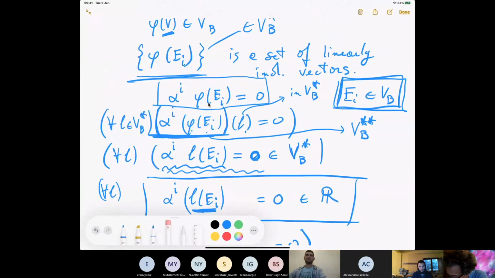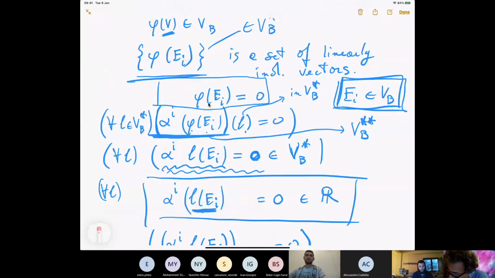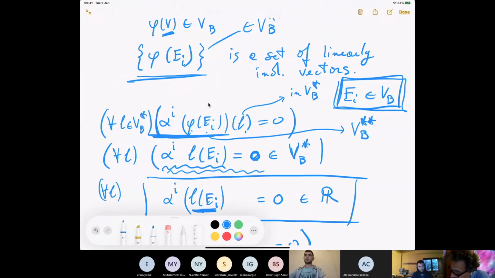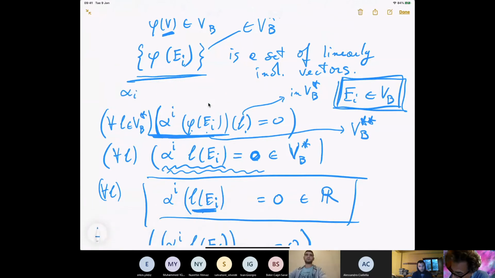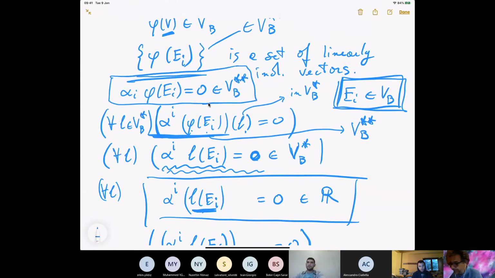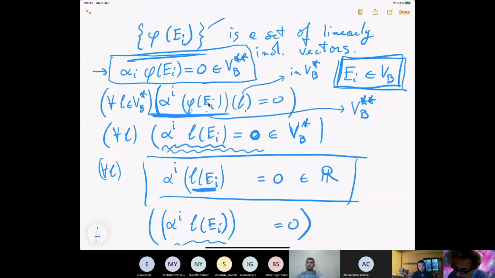Let's do it this way. Alpha I phi E I is equal to 0. And this 0 is the 0 in V star star B. And we want to prove that all alphas are 0.